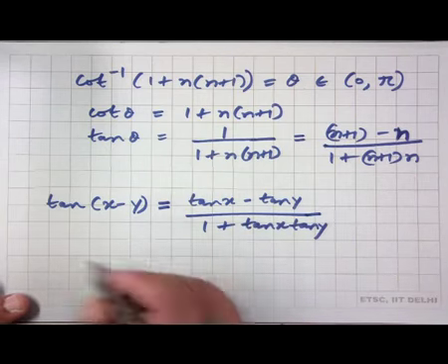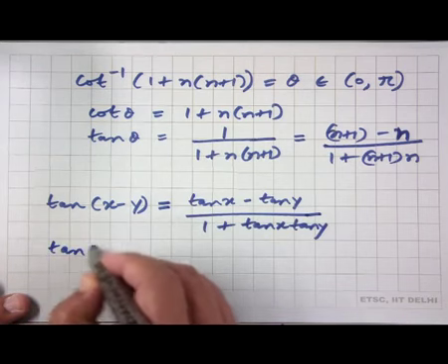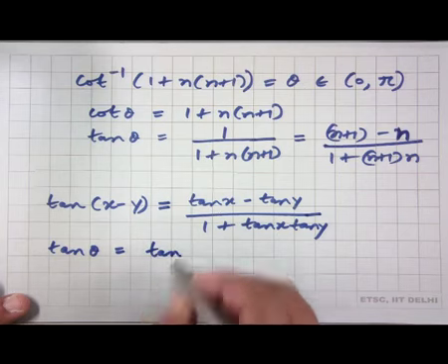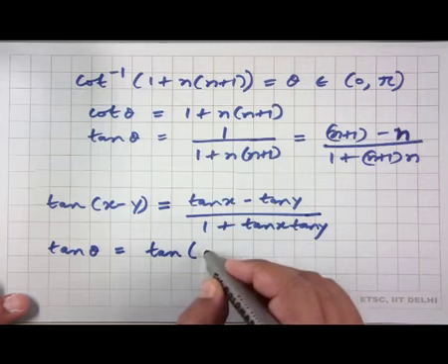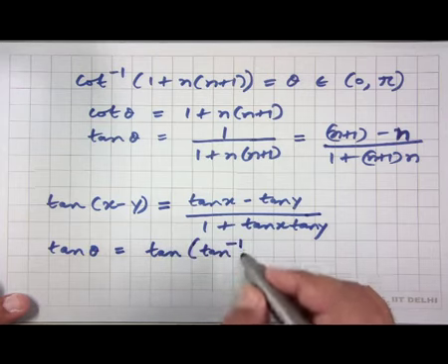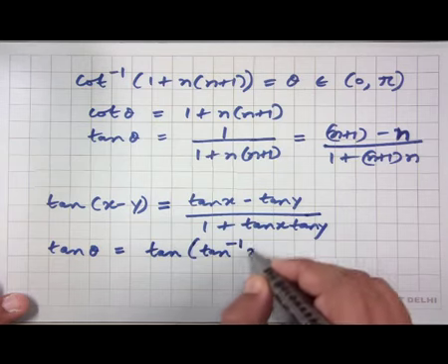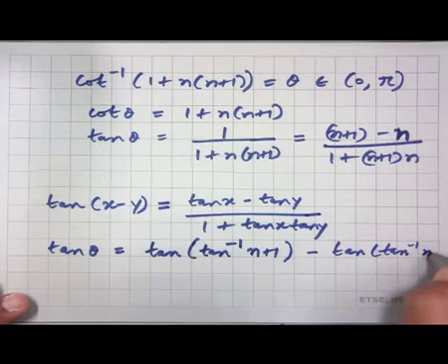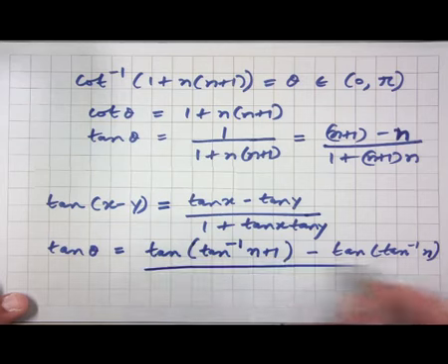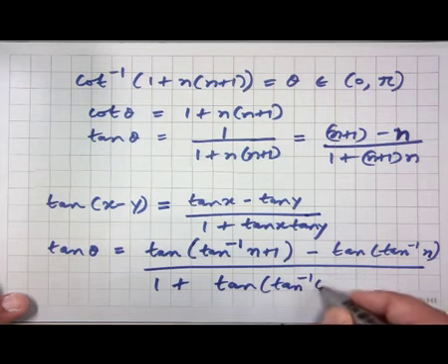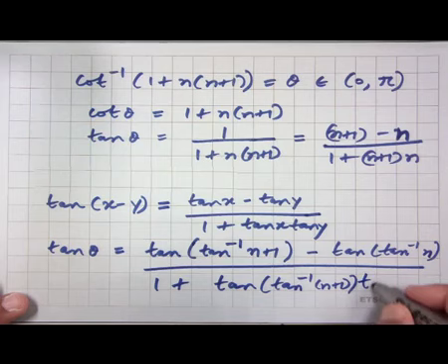Therefore, we can write this whole thing tan theta also as equal to tan of tan inverse n plus 1 minus tan of tan inverse n over 1 plus tan of tan inverse n plus 1 times tan of tan inverse n.